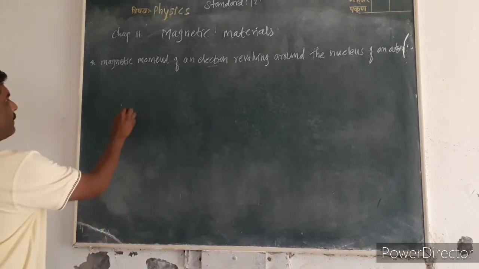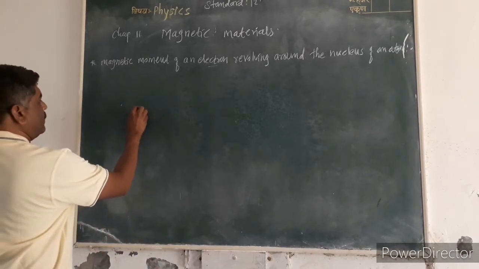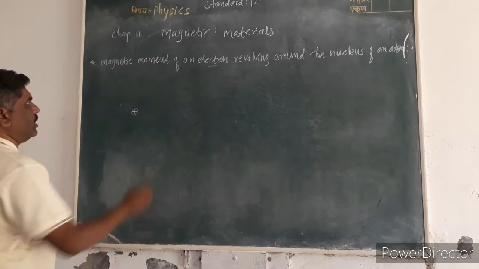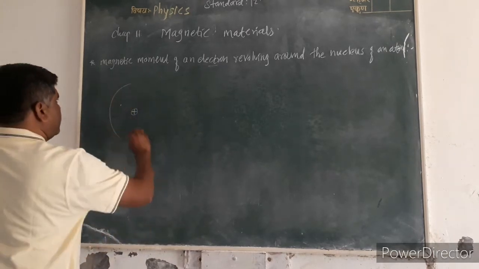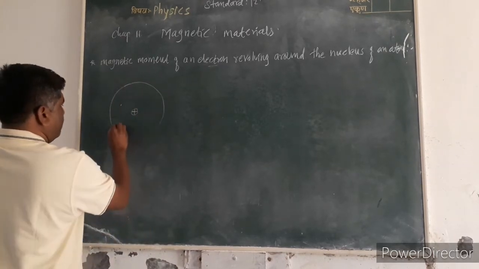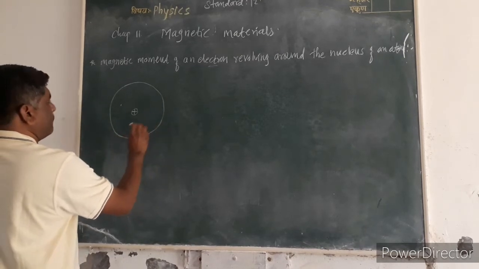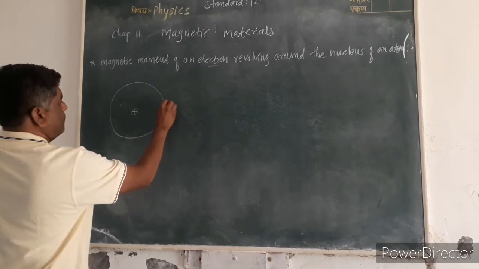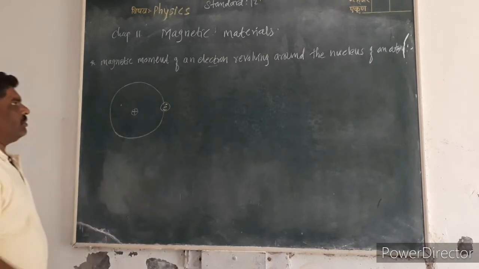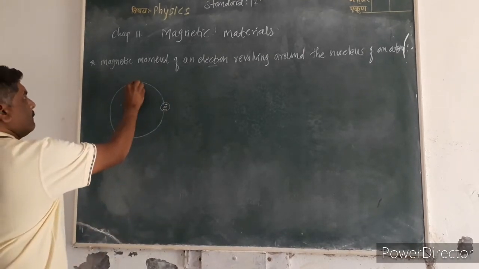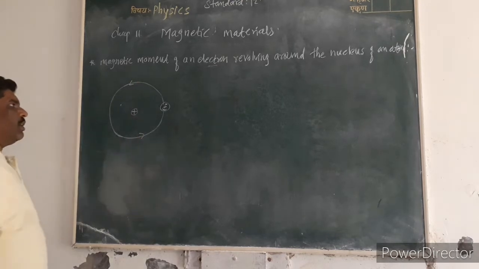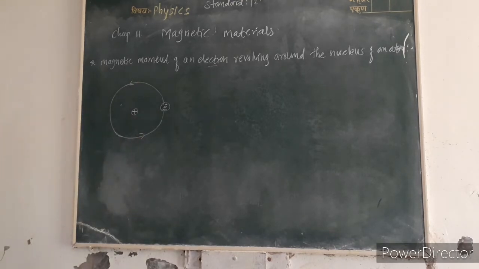Suppose we consider the positively charged nucleus and the negatively charged electron revolving around this positively charged nucleus.